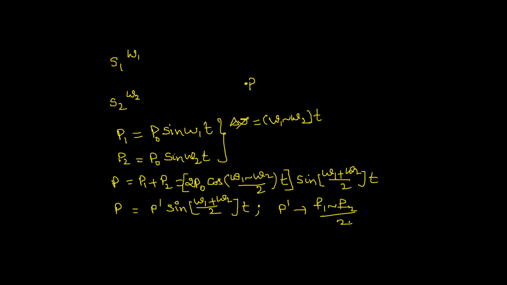Now sound is maximum whenever modulus of p dash is maximum. See carefully. This is a sine cos function. Cos function becomes 2 times 0 in one cycle and becomes once maximum and once minimum, means plus 1, minus 1, and 2 times 0.